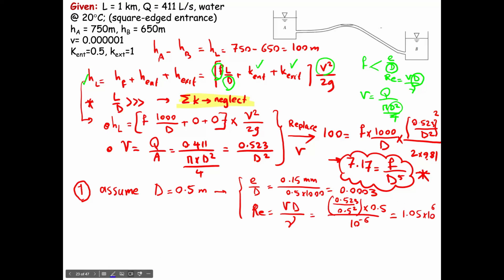So I want to read F from here. I just assumed it. And now I'm going to find my F. Make sure that I'm in a correct way. So keep in your mind these two numbers.